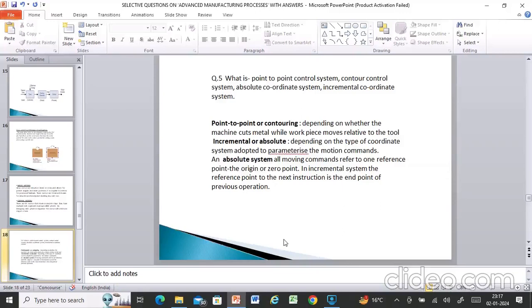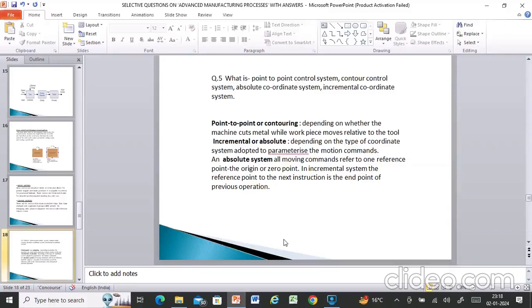Now, incremental or absolute. Incremental, as we discussed in our various classes, is on a progressive basis. You come to a point x1 and then you add the dimensions for x2 from x1 only.